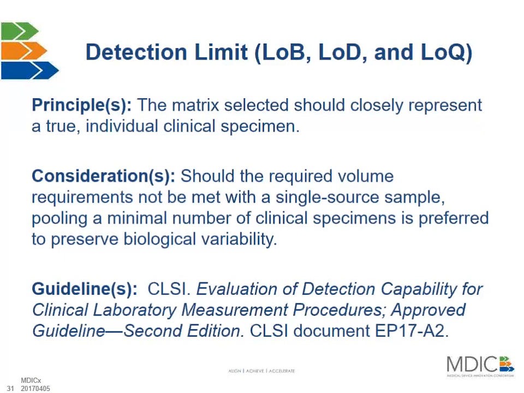So in terms of the hierarchy itself, one would begin at supplemented as a means to preserve biological variability. However, this may not meet the demands of the particular study, and therefore it may be necessary to move to the next category, pooled. Well, when pooling specimens, there are different ways to approach that, and this is demonstrating and providing additional guidance on how one might prepare the pooling of the samples in order to best meet the needs of the study.